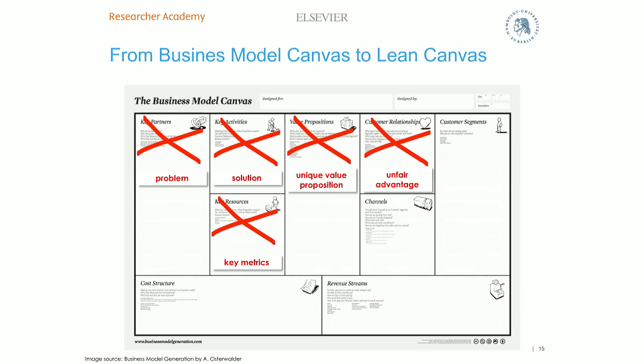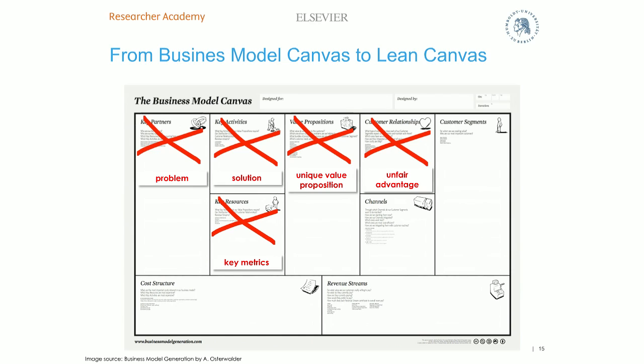There are some fields which are going to be replaced. So the approach was taken to remain within the format of the business model canvas, but to change some of the items which are placed inside the canvas.